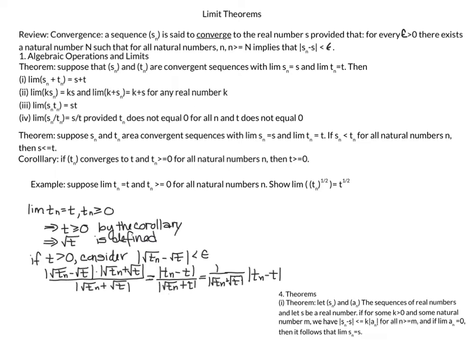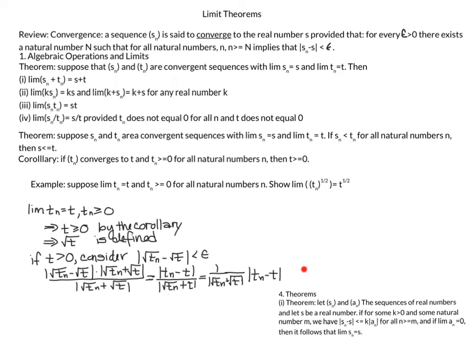Looking at this, what I want to do is use the theorem from the previous video, and that is I want my Sn minus S, which is equal to all of this, to be less than k times some other sequence whose limit is equal to 0.